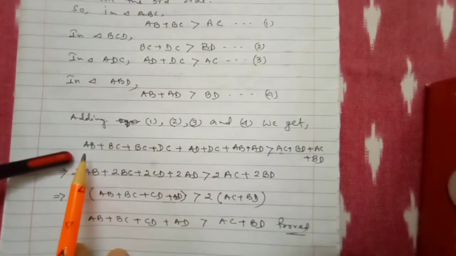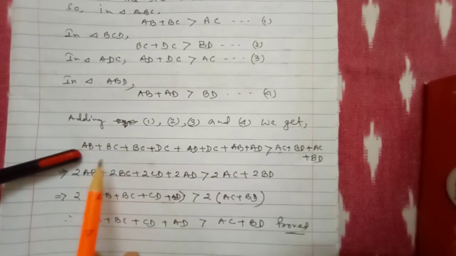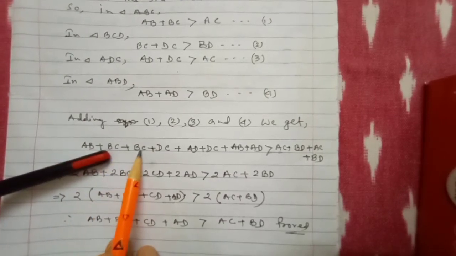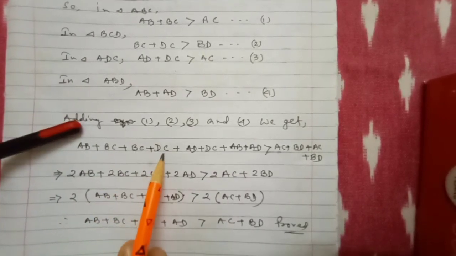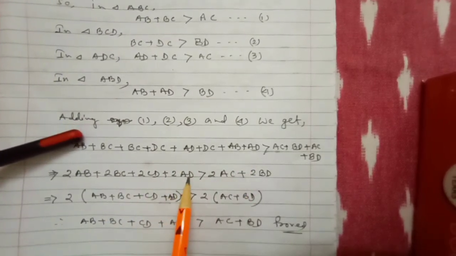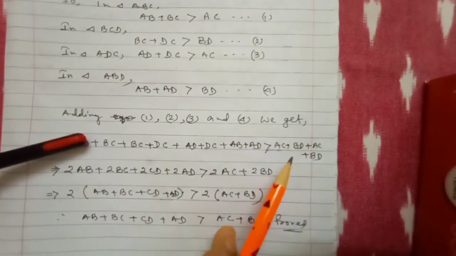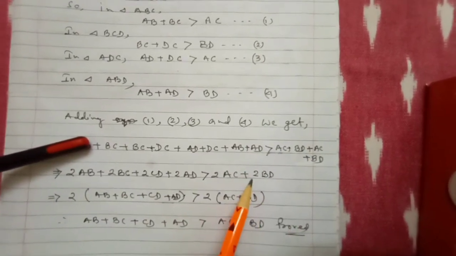Now what I have seen is that AB is here, another AB is here. So 2AB, BC is here, BC is here, 2BC, DC, DC, 2DC, AD, AD, 2AD, greater than AC, AC 2 times, so 2AC, BD, BD 2 times, 2BD.